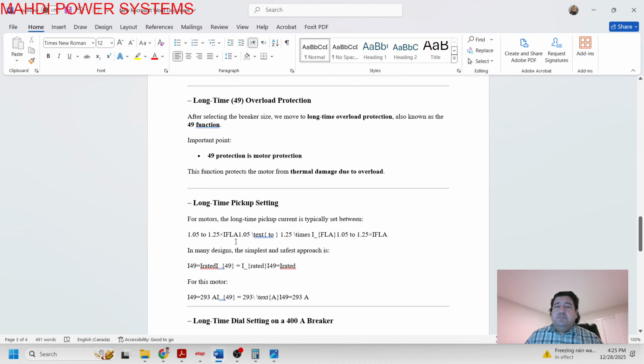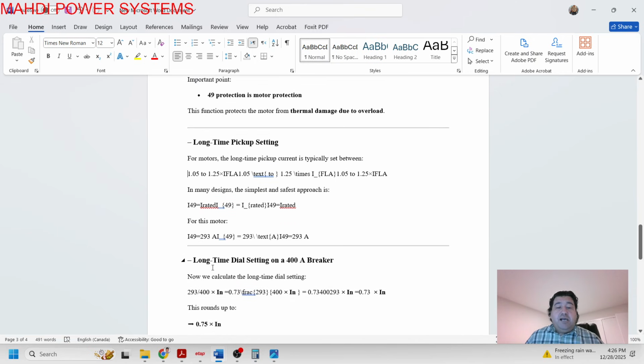But for the simplest and safest approach, we consider I rated equal to I pickup of overload. This is the easy way. That means you have I rated of the motor, 293. This is exactly the pickup of long time or overload.